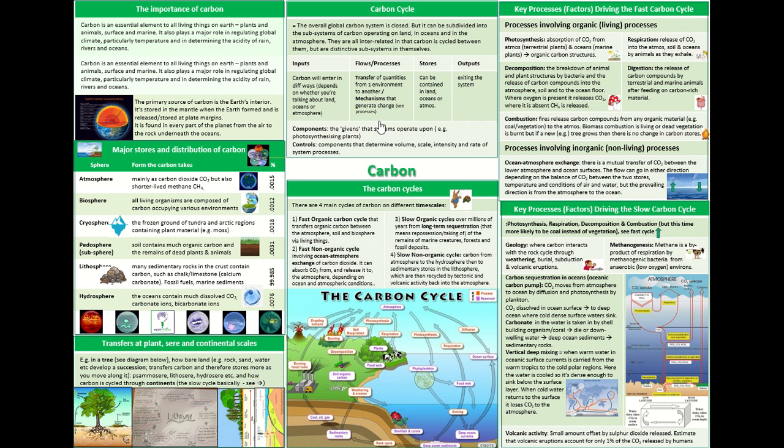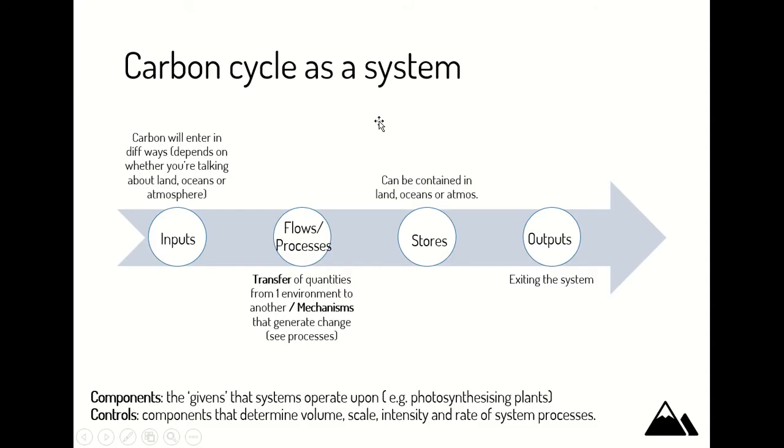So the carbon cycle then has got a series of inputs, flows, stores and outputs like any one of our systems. The global carbon cycle is considered to be closed because carbon doesn't escape from our planet. When you're looking at smaller areas, obviously there might be an output from that area of the carbon cycle.